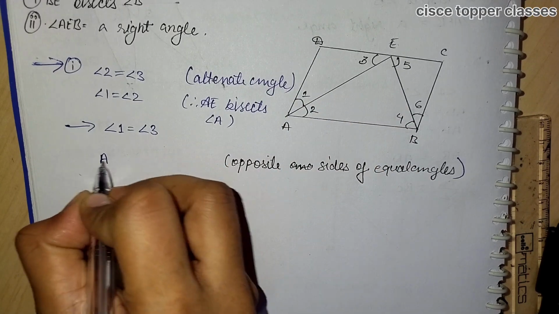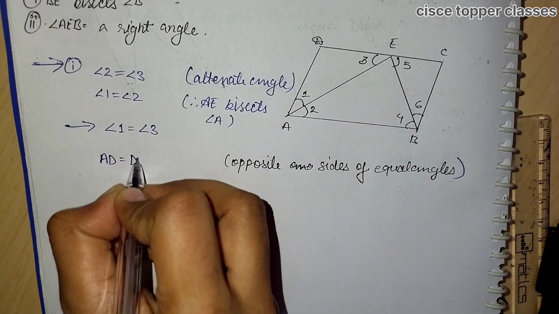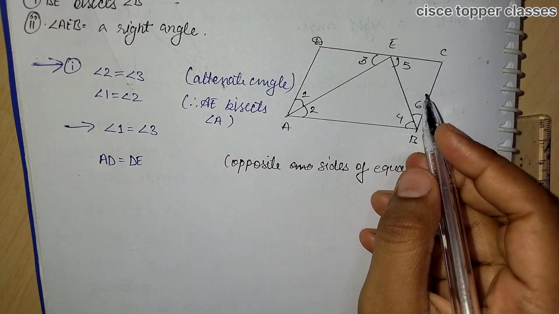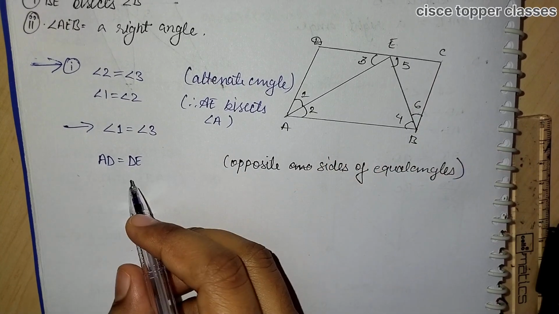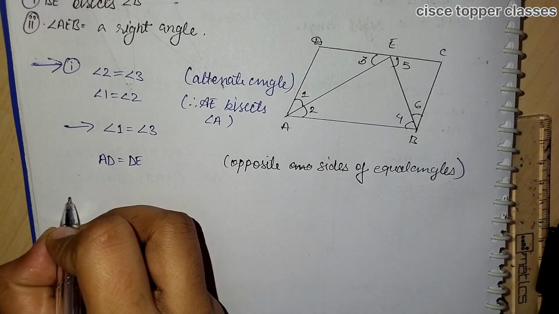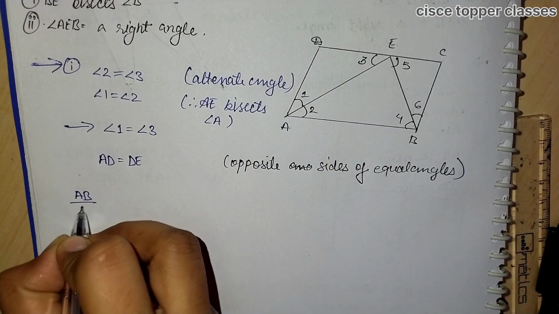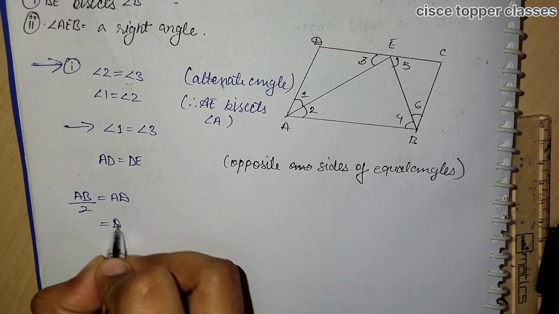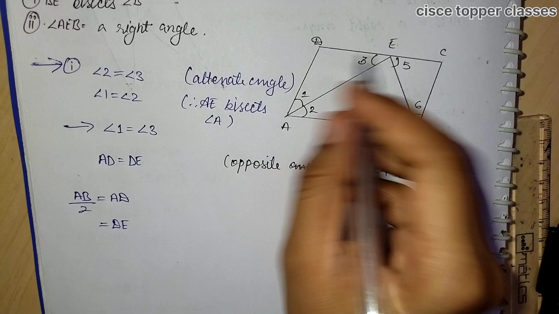So here it will be AD is equal to DE. And the second thing here is that AB is equal to 2AD. So AB by 2 is equal to AD. And from here we can write AD is equal to DE and AB is equal to DC here.